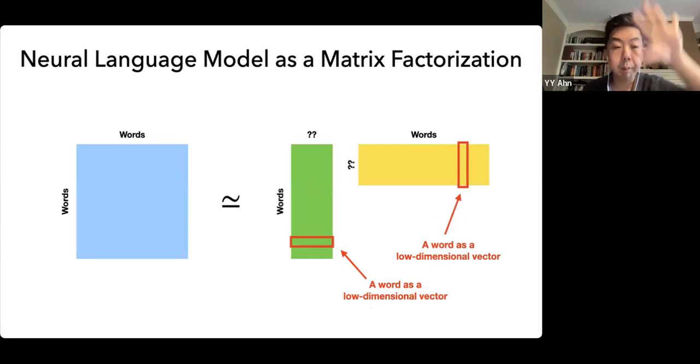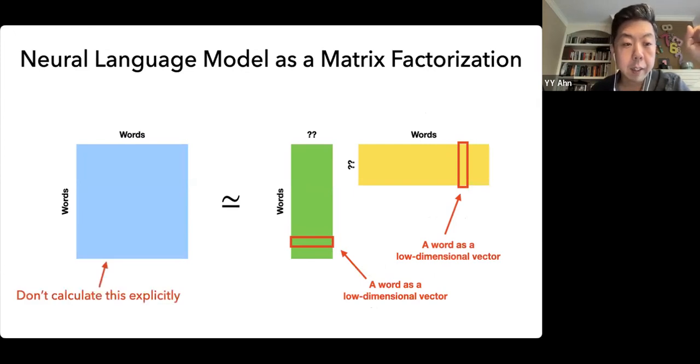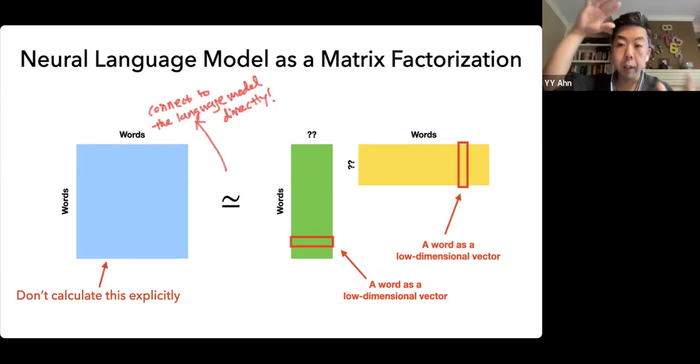You have some large matrix, all the words by all the words, and you're thinking of the similarity between two words as a kind of low-rank approximation by two matrices. So each word has a key vector and a query vector. And if you take the inner product of them, that gives us essentially word-word similarity.